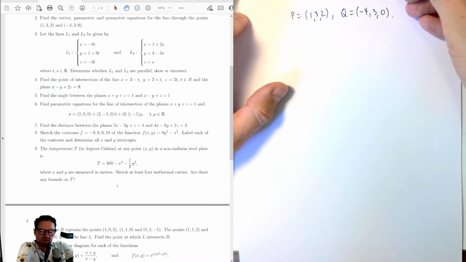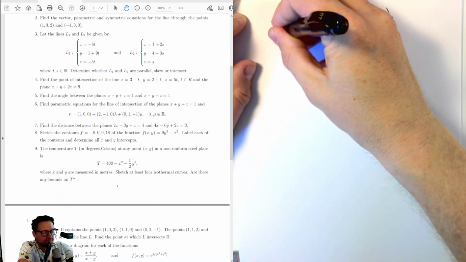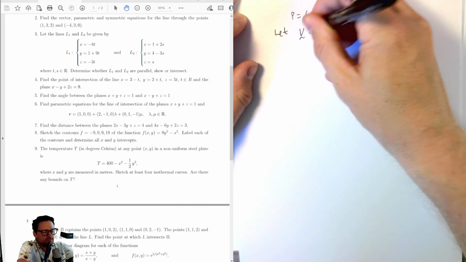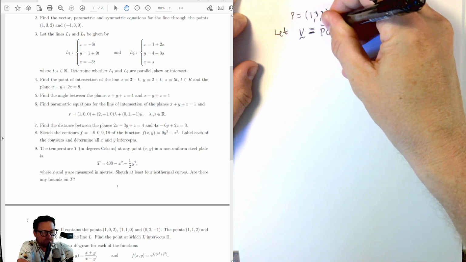So the first thing we want to do is connect the two of these with a vector, and so let V be equal to the vector PQ.